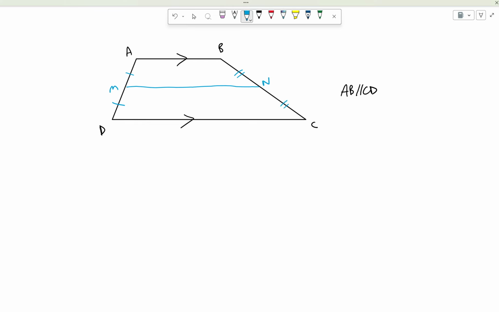And if that's a midpoint, it means that BN and NC are congruent, and AM and MD are congruent.